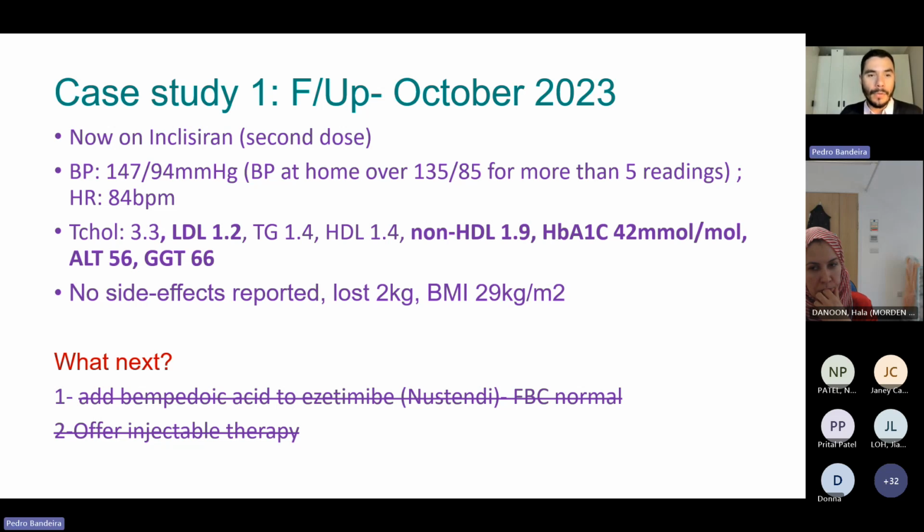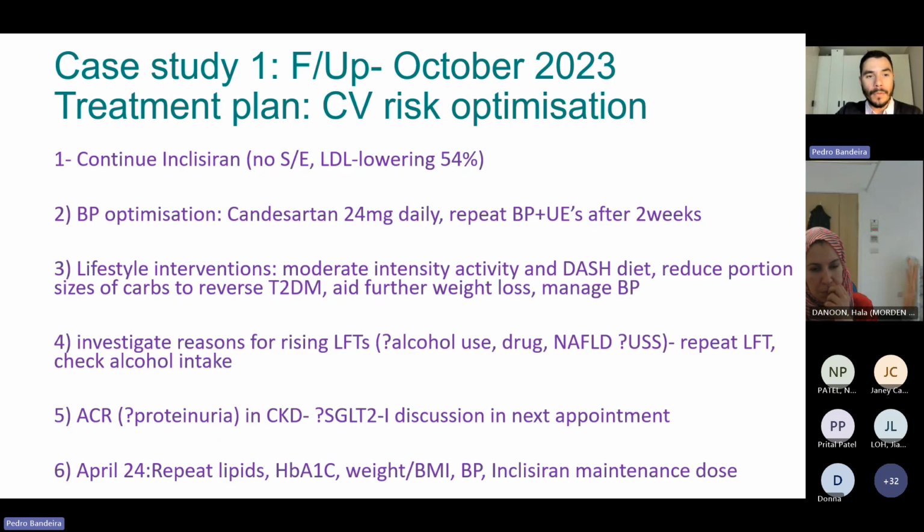However, in other lipid clinic appointments, we noticed that his blood pressure has been uncontrolled, and HbA1c and liver function are also deranged. He's pre-diabetic and his liver function is slightly raised. So we offered to optimize his blood pressure with increased candesartan to 24 milligrams daily.